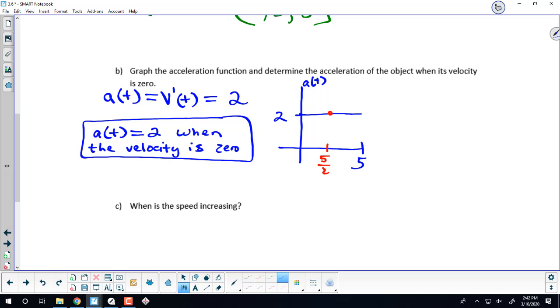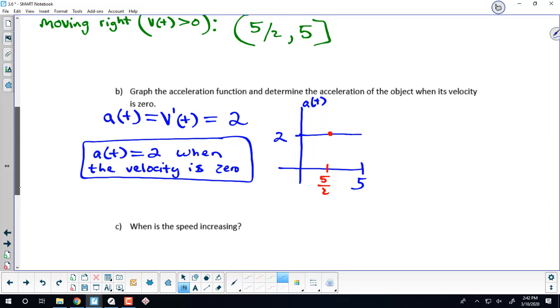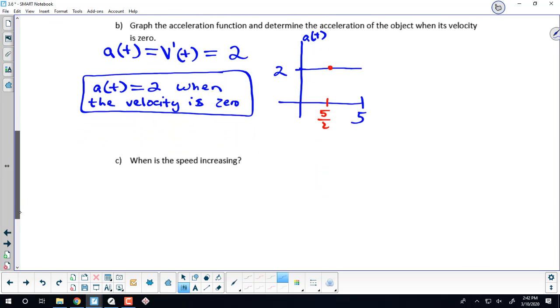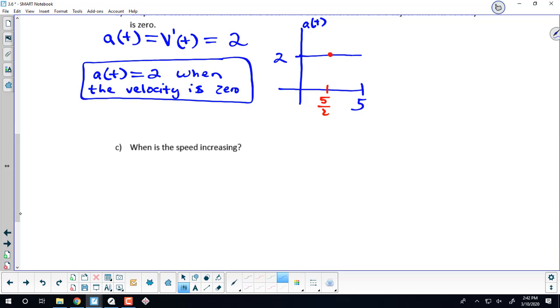And then the next part asks, when is the speed increasing? So if we go back to the first page and we define speed as what? Absolute value of the velocity. So that's easy enough to graph.